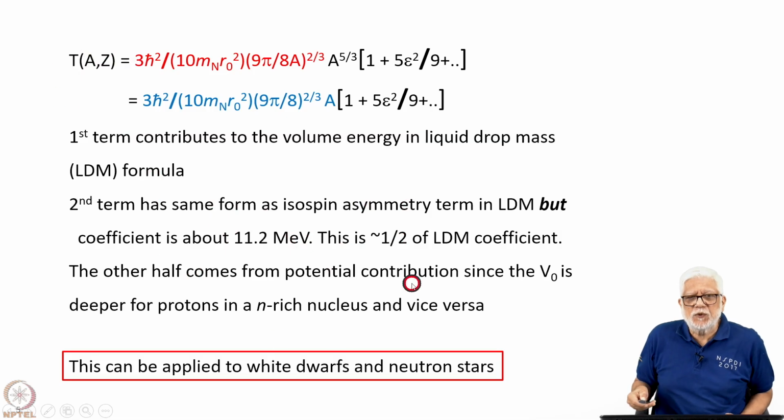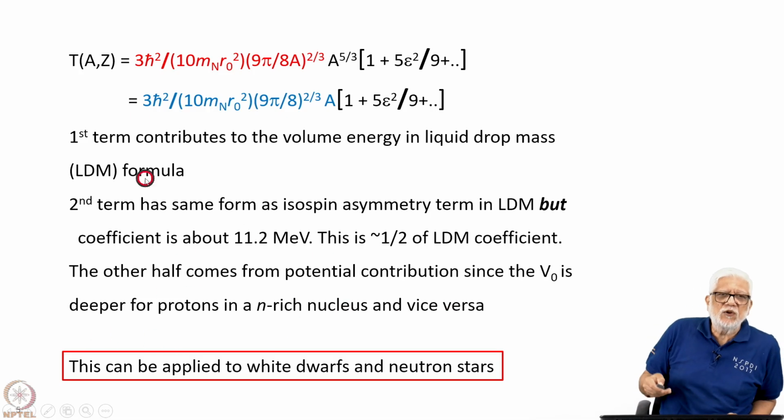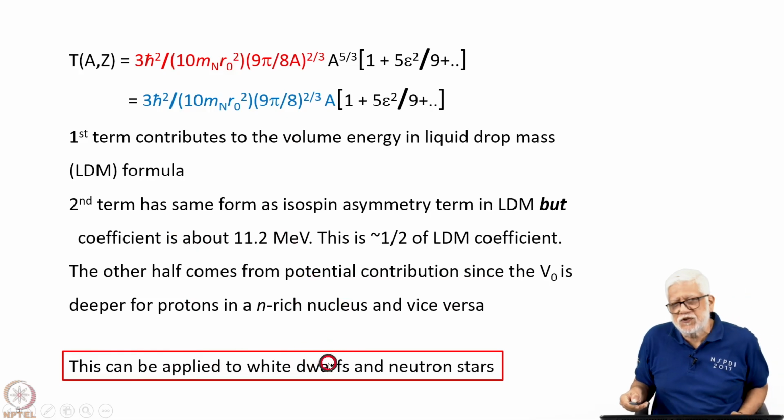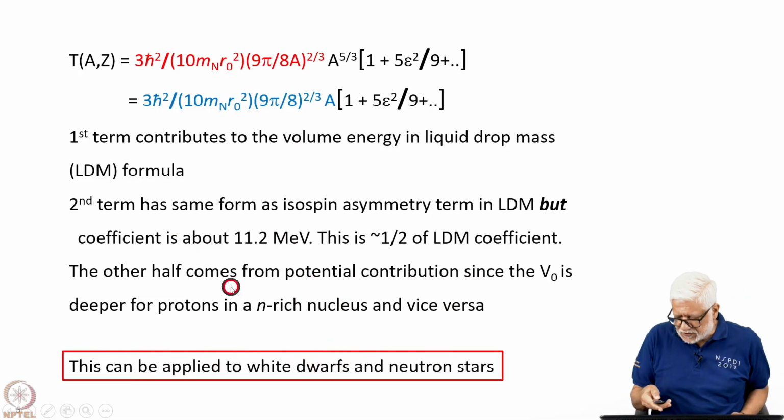The other half comes from the potential contribution, since V0 is deeper for protons in a neutron-enriched nucleus and vice versa. By the way, this kind of approach, the Fermi gas approach, can also be applied to white dwarfs and neutron stars to understand their broad features.